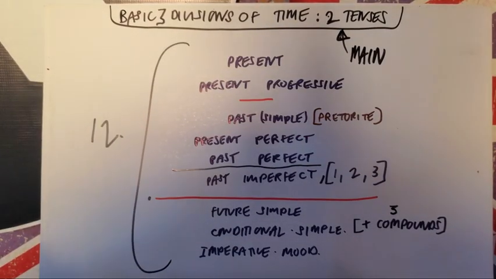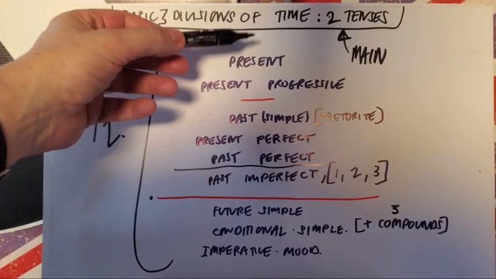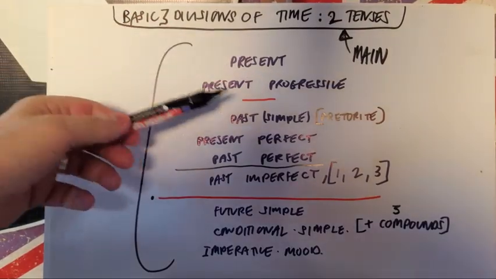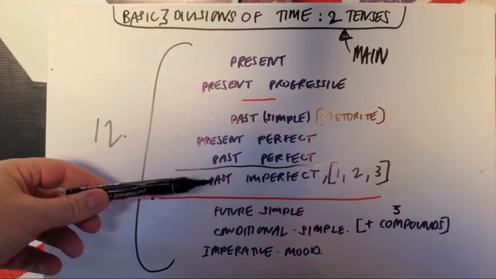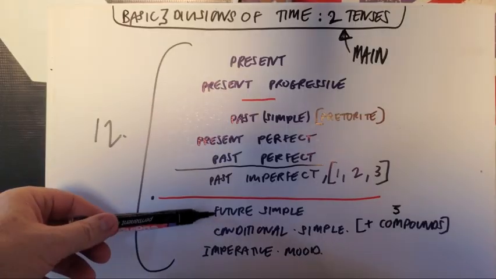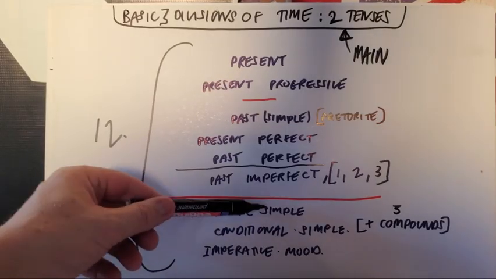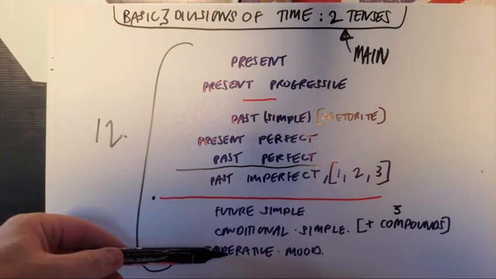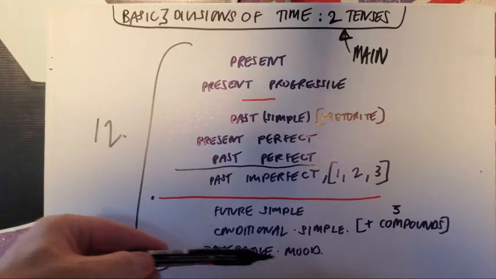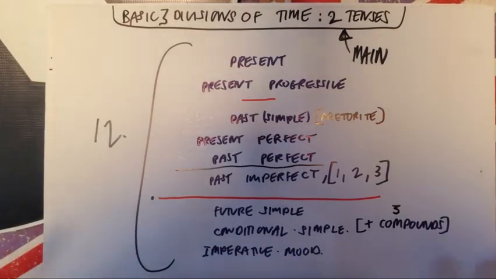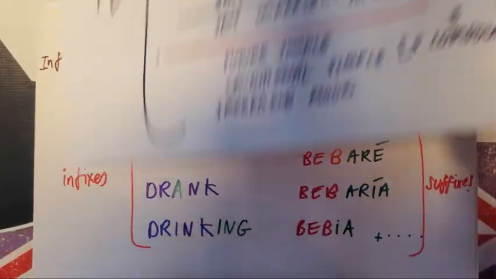So, in English, there are 12 different tenses. Present, present progressive, past simple, present perfect, past imperfect. Then you have the modes. You have future simple, conditional simple, and then imperative. Okay, so there are all these different ways of breaking down time.